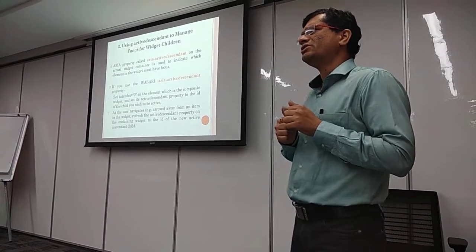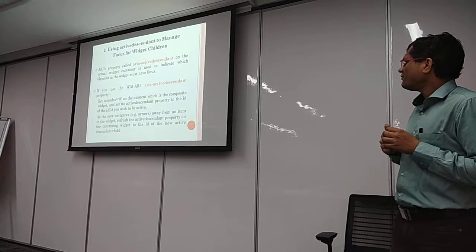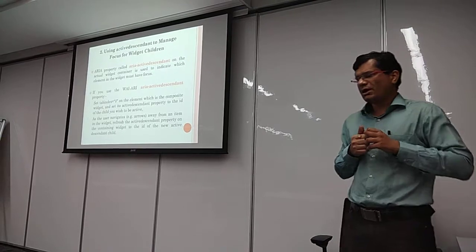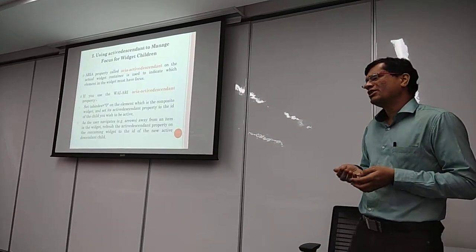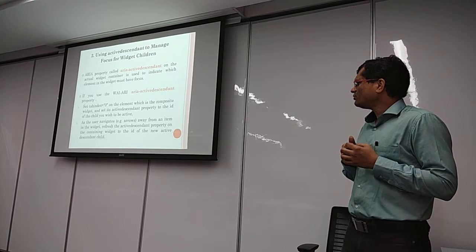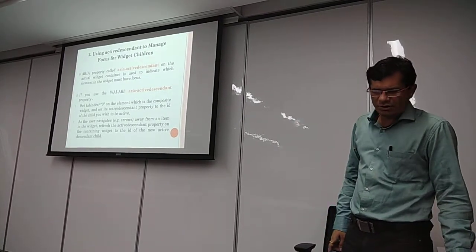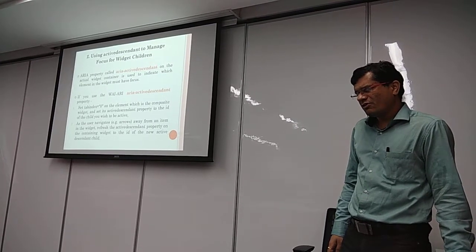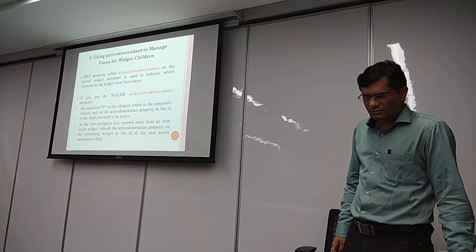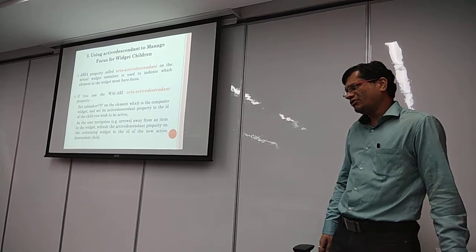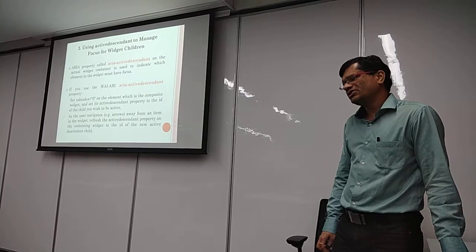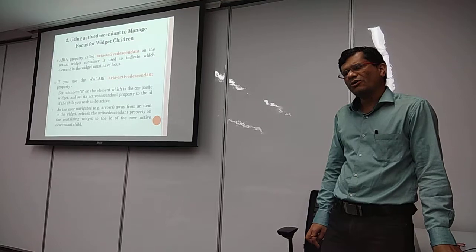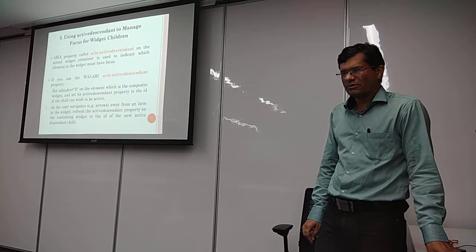If widget children are not getting focus, then you can use this property to provide keyboard focus or keyboard access to widget children. So active descendant is a property that you can use in your coding, just a small piece of code, and that will make your combo box or drop down accessible.